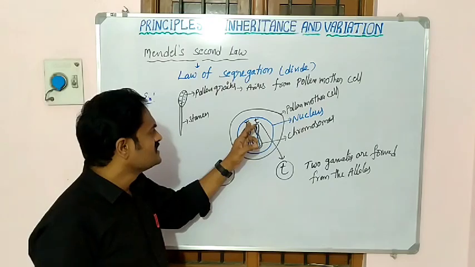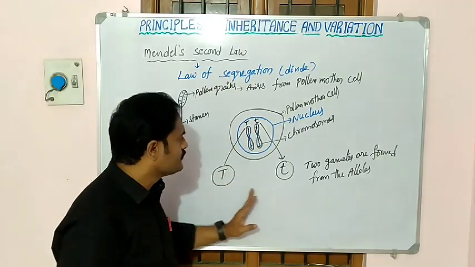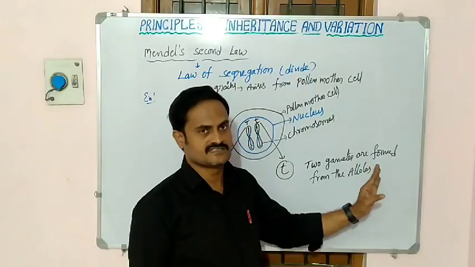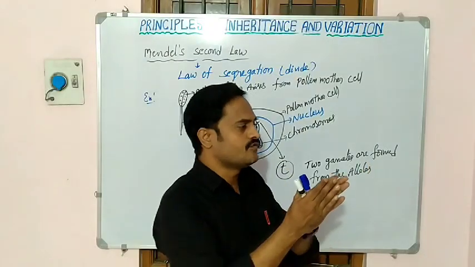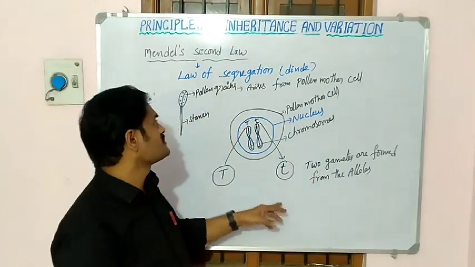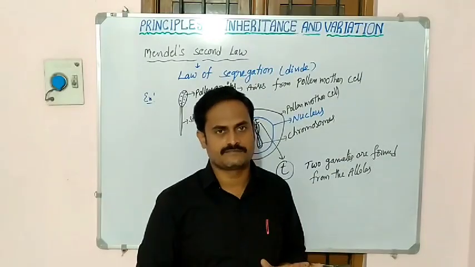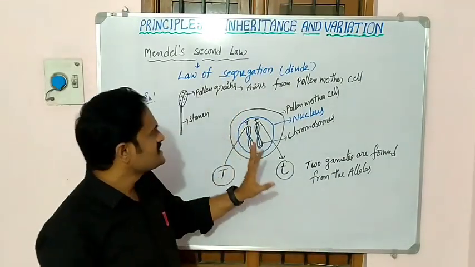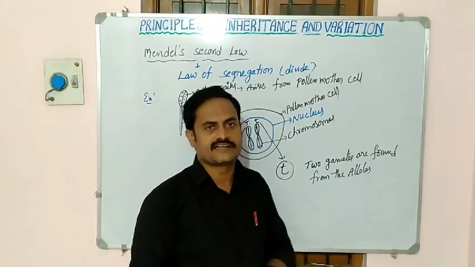That means these alleles divide and form the two gametes. So the alleles segregate to form the gametes. Such a process is called the law of segregation. Understood? So this is the example of Mendel's second law.